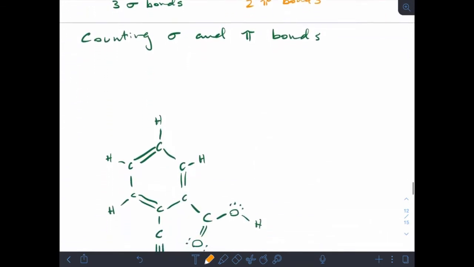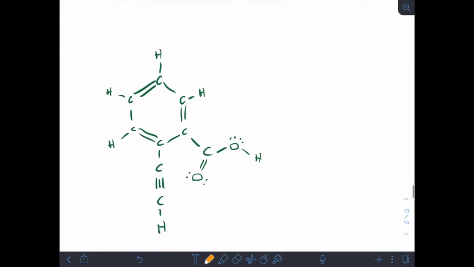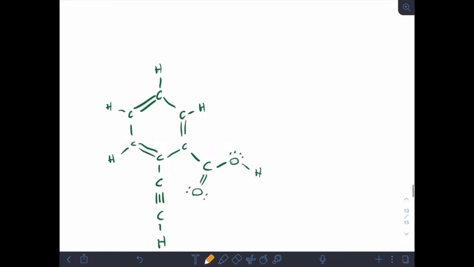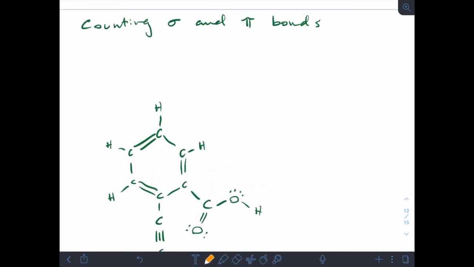Okay, so counting sigma and pi bonds, and I've got this wonderful sort of hideous molecule to look at. So easiest thing, all bonds count for 1 sigma. 1 sigma bond each.